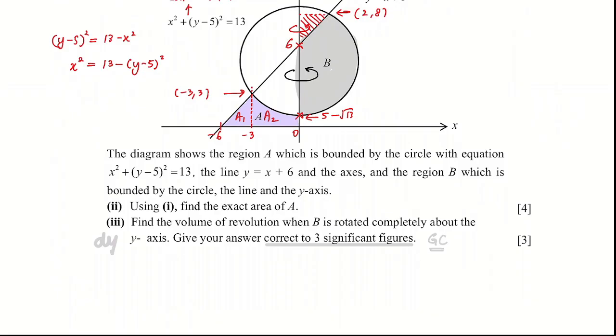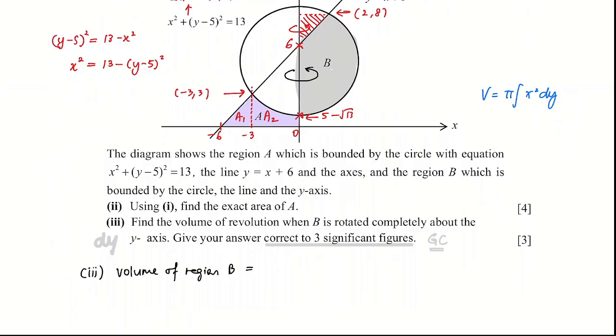So our volume of region B, take note, volume is pi x squared dy or pi y squared dx.